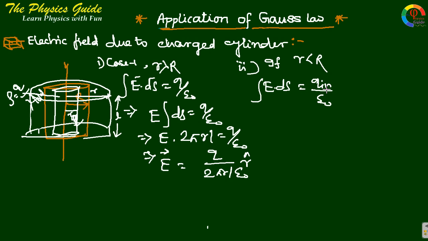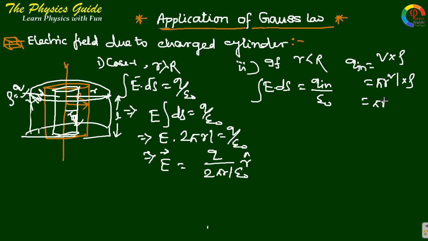In this case q enclosed is not equal to q, because q enclosed is the total charge inside the Gaussian cylinder. So q enclosed equals the volume of the Gaussian cylinder times rho, that is pi r square l into rho.